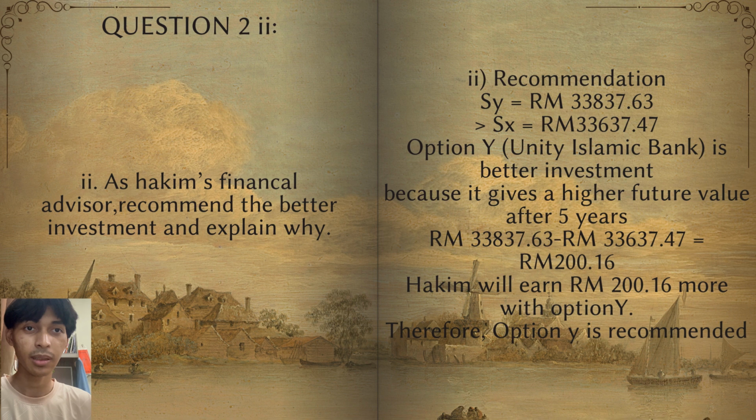So that means option Y, Unity Islamic Bank, is the better investment because it gives a higher future value after 5 years. After we calculate 33,837 ringgit 63 cents minus 33,637 ringgit 47 cents, we get 216 ringgit and 16 cents. Hakim will earn that much more with option Y. Therefore, option Y is recommended.